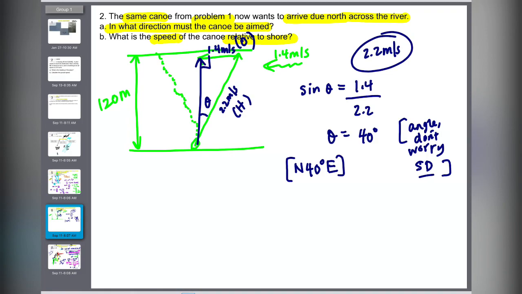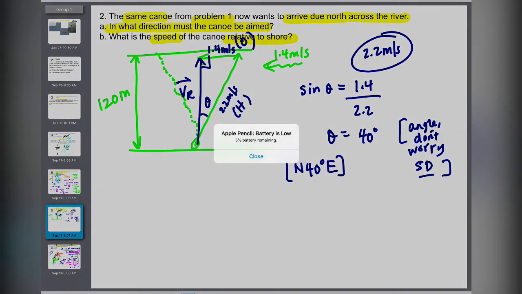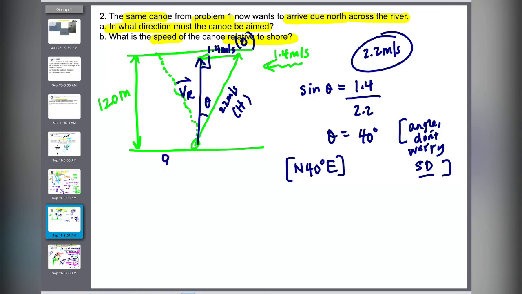Last question. What is the speed of the canoe relative to the shore? So they would like you to find out what is now the new VR. It is still called VR because it is still the resultant seen by this guy watching on the river, and he will see that it's going north. Okay, so right angle triangle, but this time your hypotenuse is 2.2.